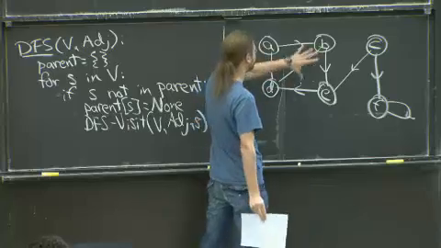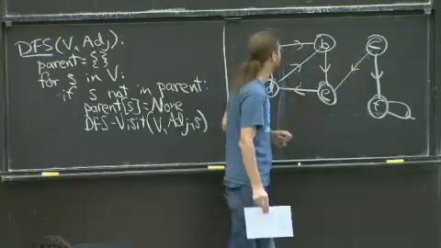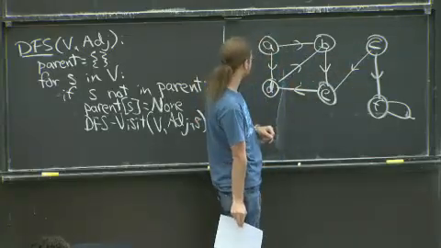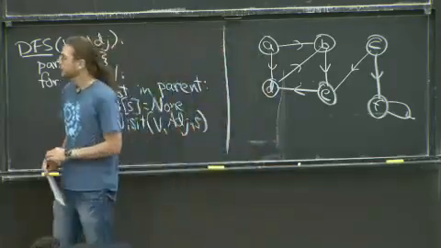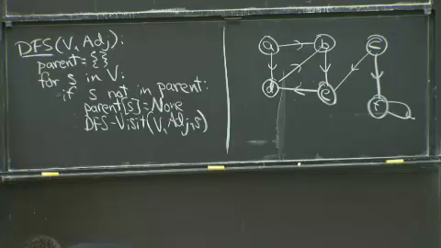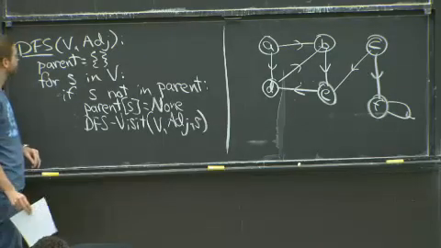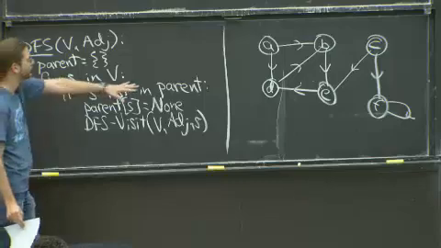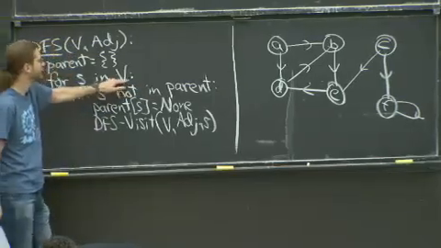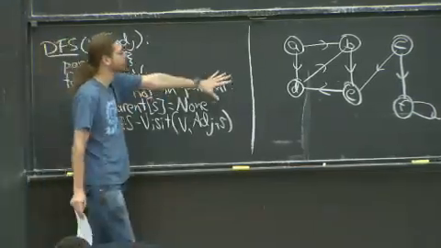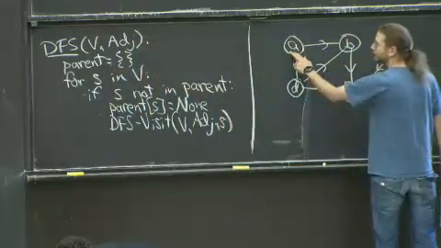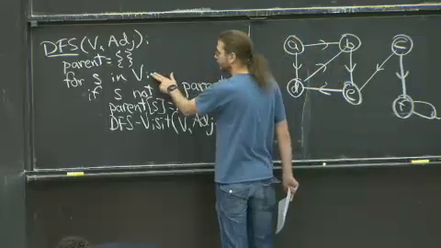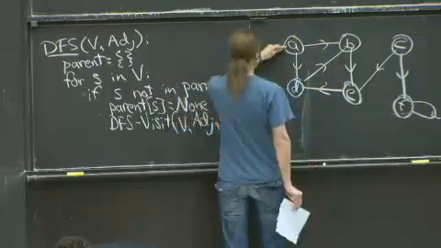No, so you can't get from these vertices to C. You can get from C to everywhere, it looks like, but not strongly connected. And we're going to run DFS, basically in alphabetical order. These vertices have to be ordered somehow. We don't really care how, but for sake of example, I care. So we're going to start with A. That's the first vertex. We're going to recursively visit everything reachable from A.